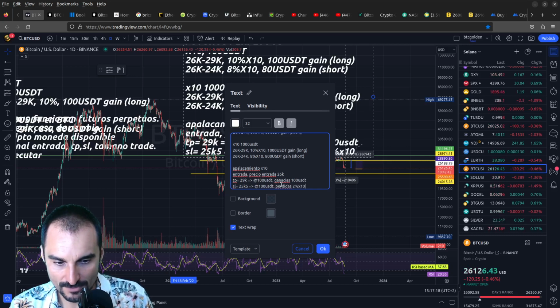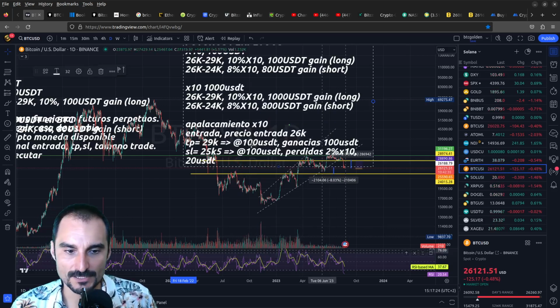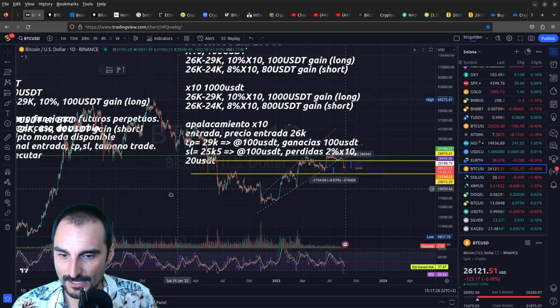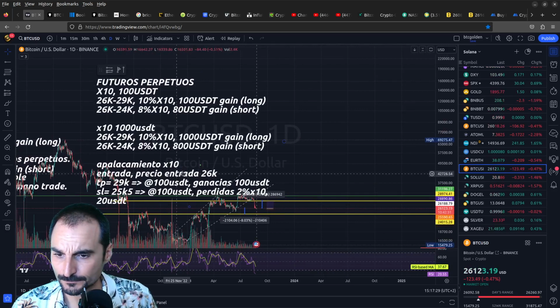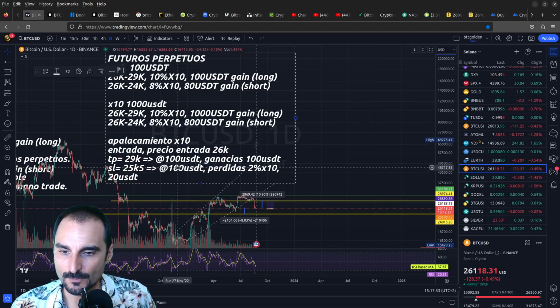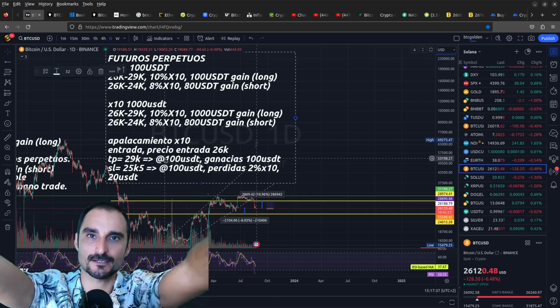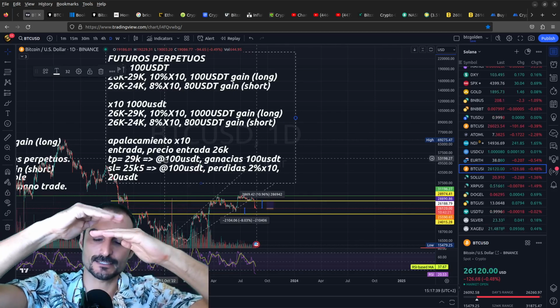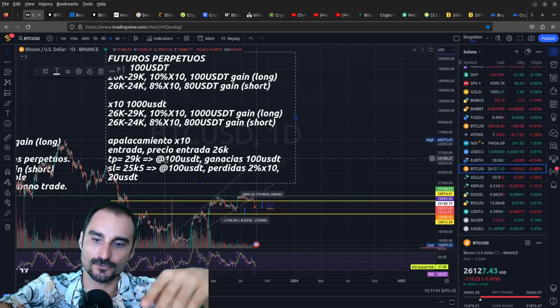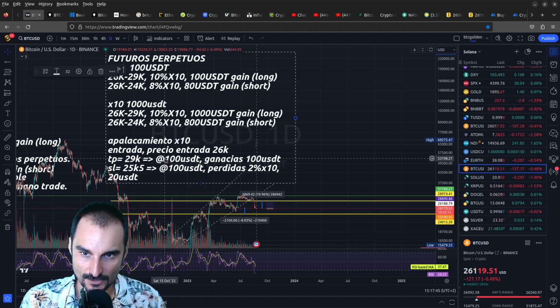So, with this setup, which is what we are going to use now to do a real trade, basically what we would put in would be $100. So in this trade that we are imagining with $100, we would either win $100 or lose $20, without counting commissions. Okay? Good. So let's go to the next step.